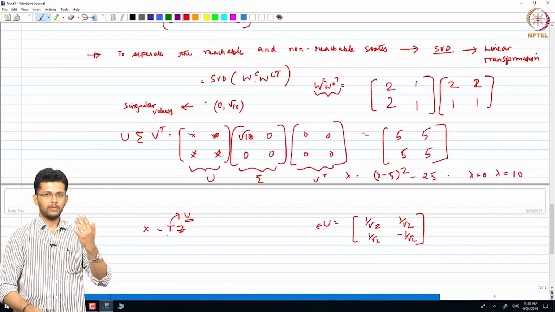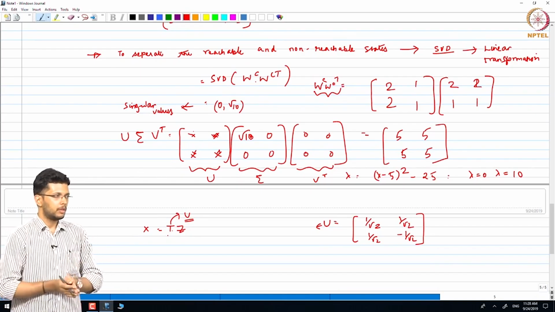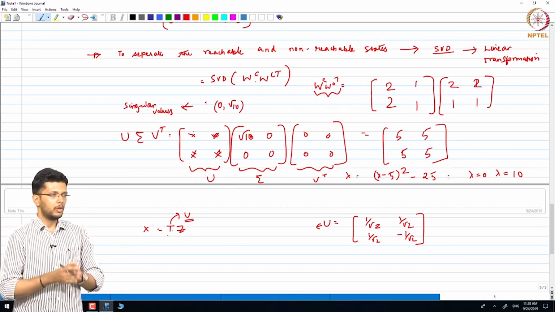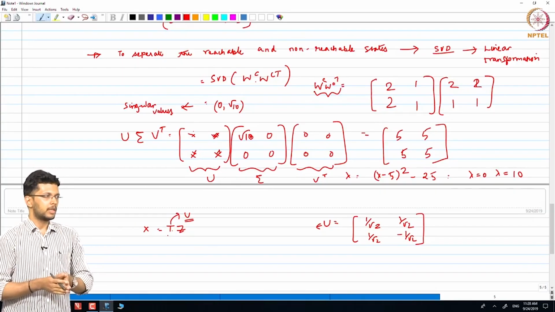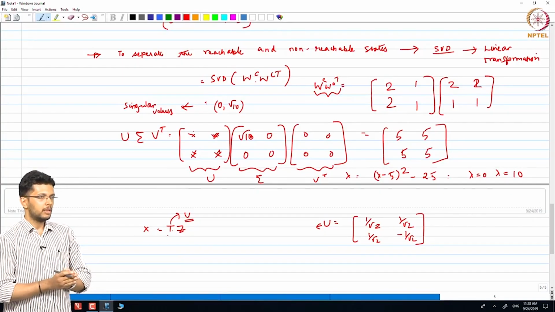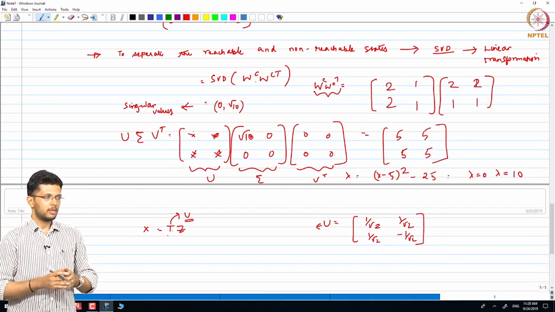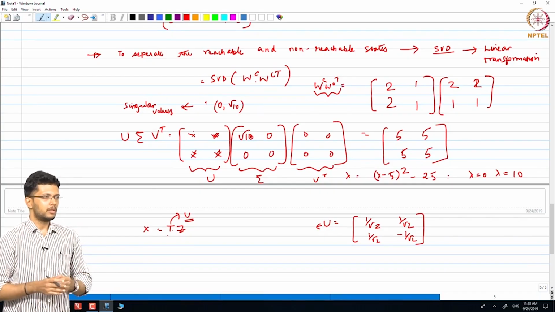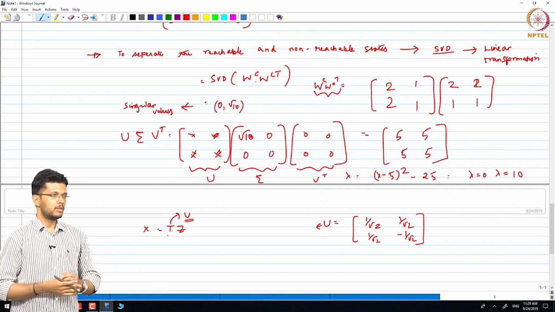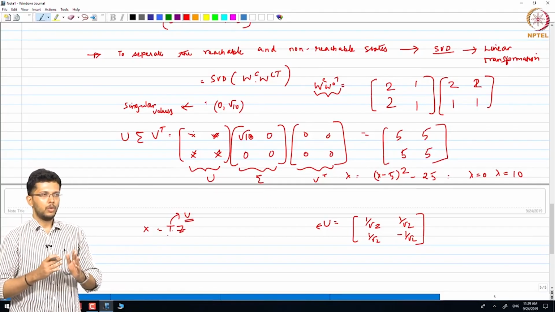First we started from controllability. We checked whether the system is controllable or not. For controllability we need to construct the controllability matrix and find its rank, and once the rank is equal to the order of the system, that means your system is controllable. What do we mean by controllability?